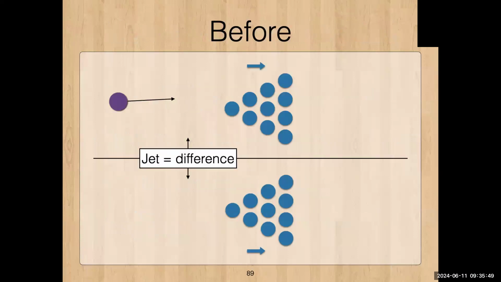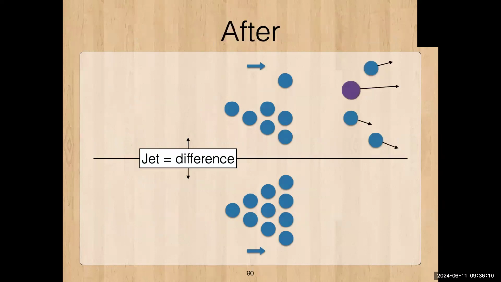Okay, to illustrate this, we can think about bowling pins and bowling balls. This is the quark-gluon plasma, and this is the high energy particle that we added. So we have two scenarios: in one, we just have the pins, the QGP, and in the other we have the pins and the high energy particle. After the collision, some of the pins will be knocked out. The jet is the difference between the top and the bottom.